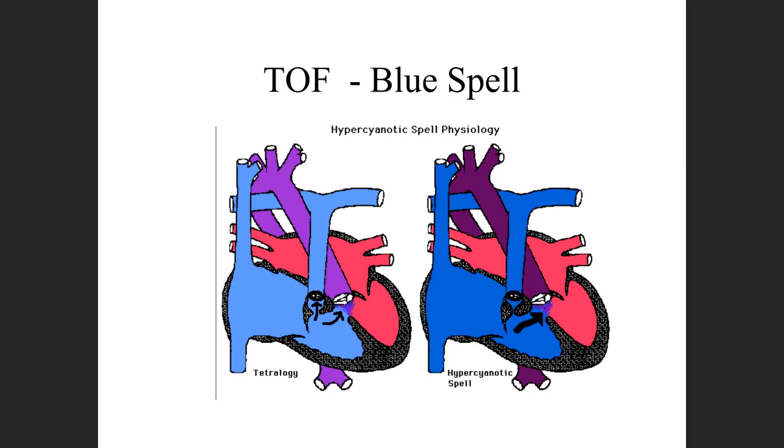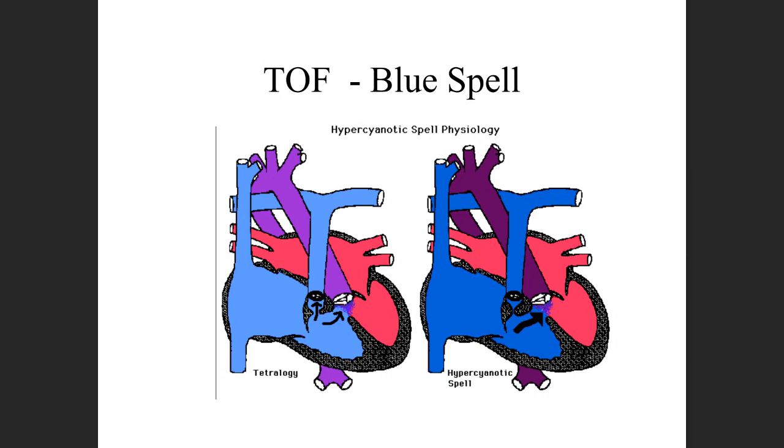With the blue spell, also called the Tet spell or the infundibular spasm, for some reason there is an increase in the volume of blood flowing from the right ventricle to the left ventricle. And if you look in the diagrams in front of you, you will see that thicker arrow from the right ventricle across the ventricular septal defect into the left ventricle.